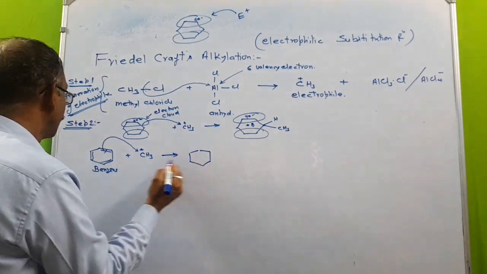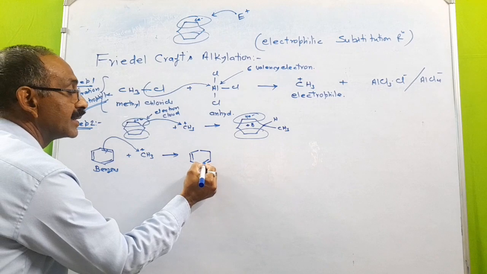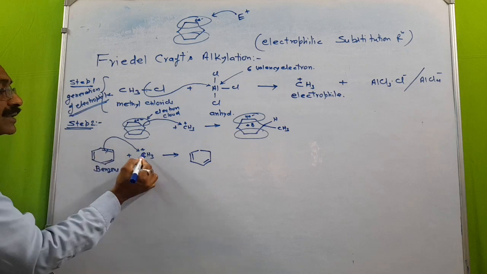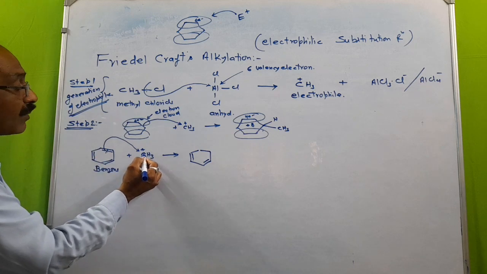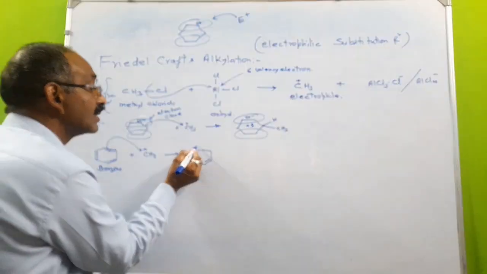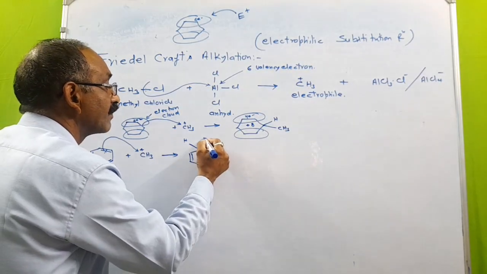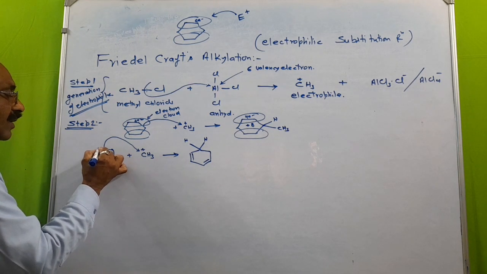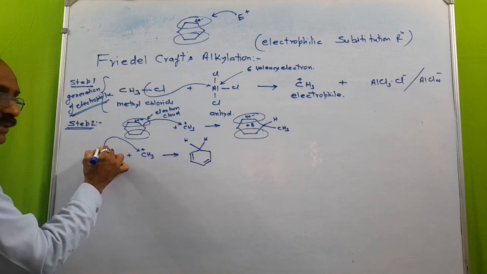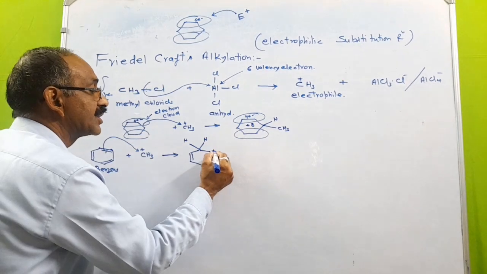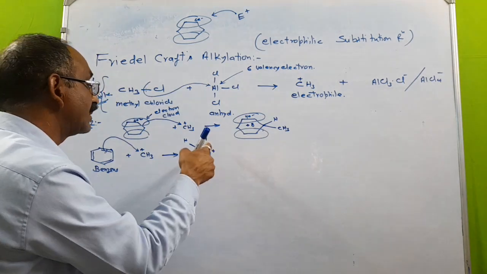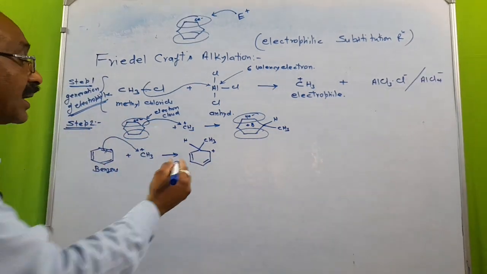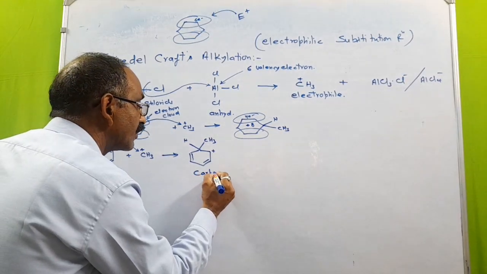See here, these 2 double bonds will remain unaffected, while these 2 electrons are used up in forming the bond with the electrophile; in this bond, one electron comes from this carbon, the other from the electrophile. As the CH3 has formed a bond with this carbon, another carbon will become electron deficient, and here there is the CH3. This type of carbocation is formed.